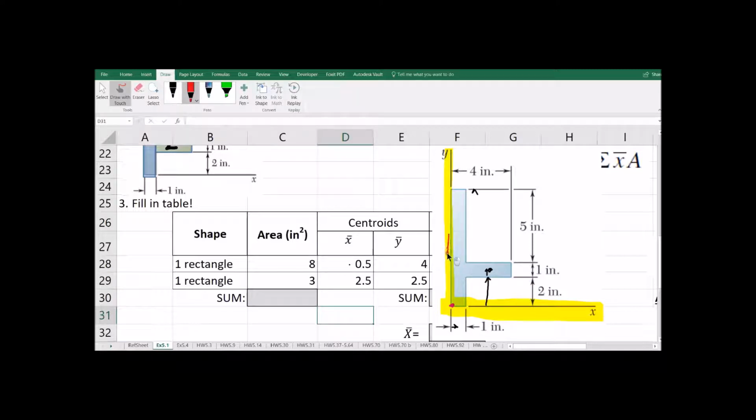Okay, so if we're going to rotate this around the y-axis, we're doing kind of an R cross F sort of a deal. So we have some weight that's acting on this, okay?